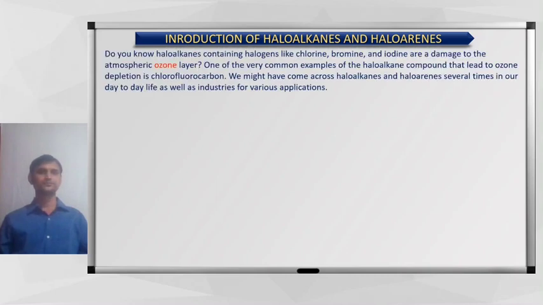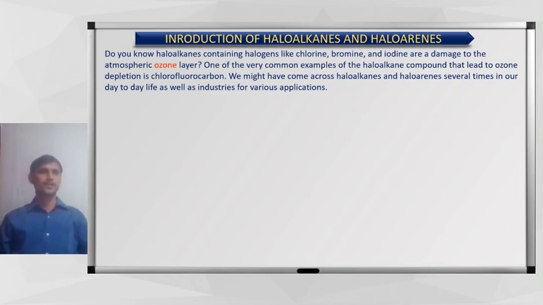Now the ozone layer: first of all, the ozone layer is present in the middle part of the atmosphere, that is, in the stratosphere. The ozone layer is very important for all of us because it prevents sunlight or UV rays from reaching us.